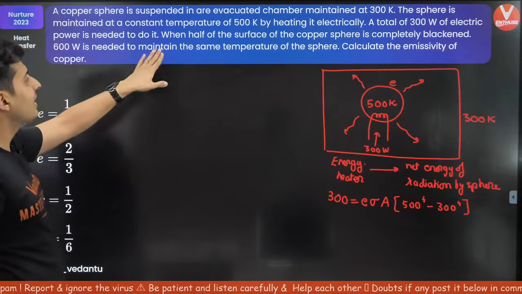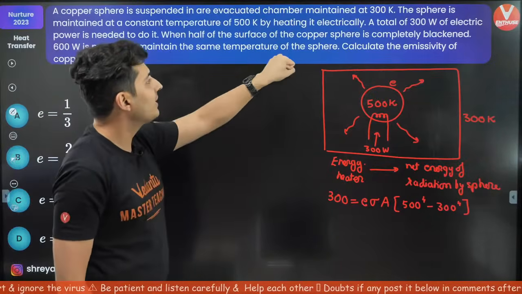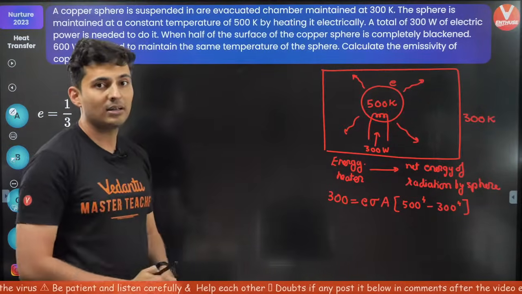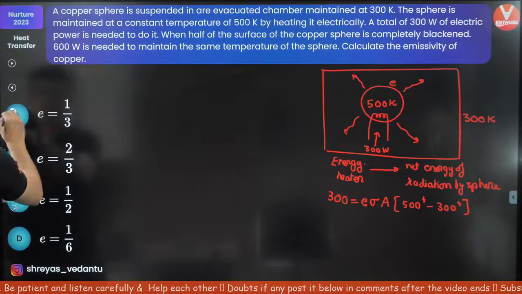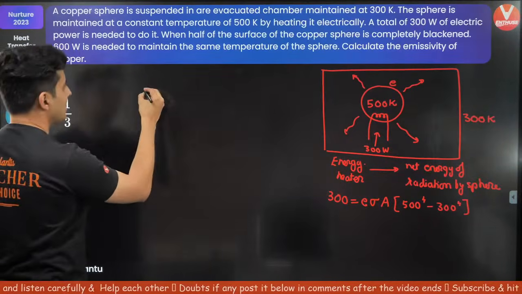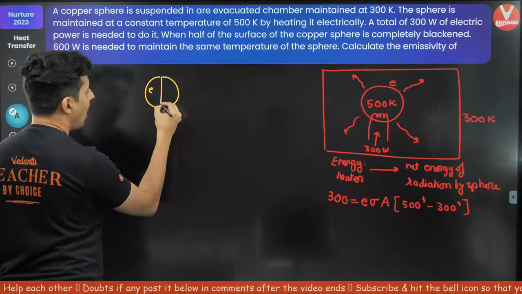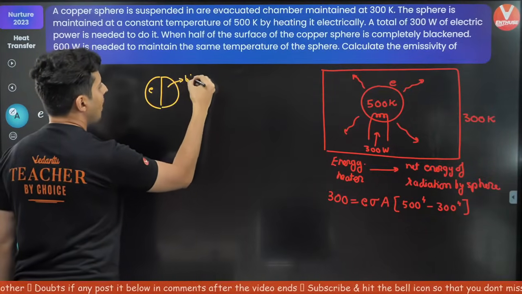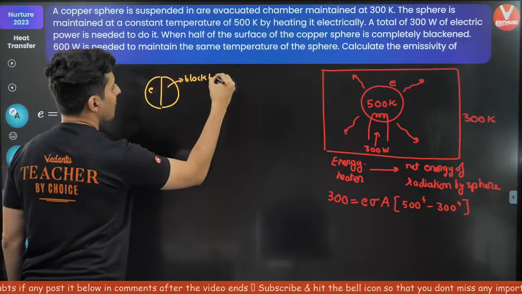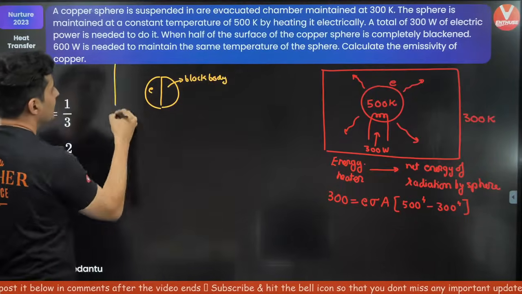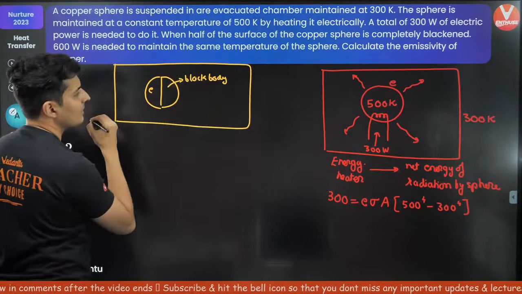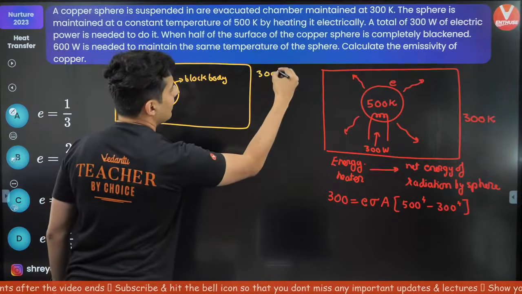Now the second scenario says half of the sphere is copper and half of it is blackened. Interesting. So the same situation, but half of it is copper, half of it is basically a black body. It's kept in the same chamber at 300 Kelvin.